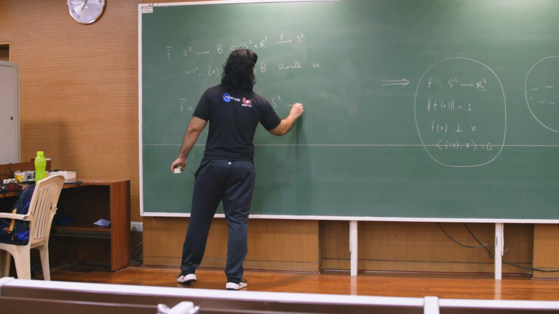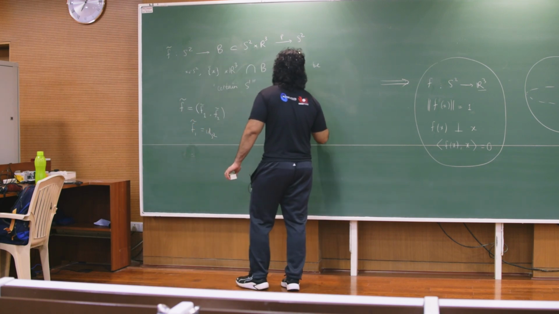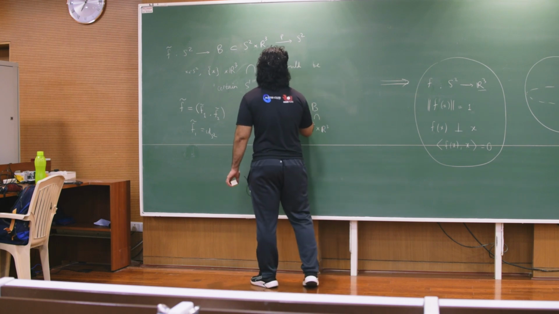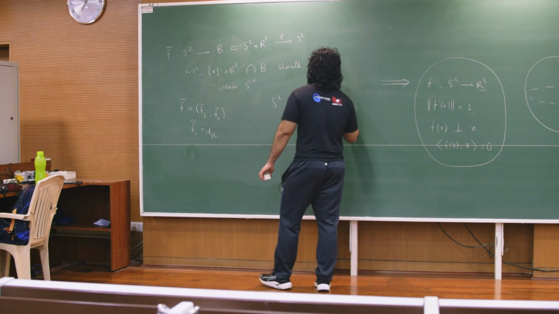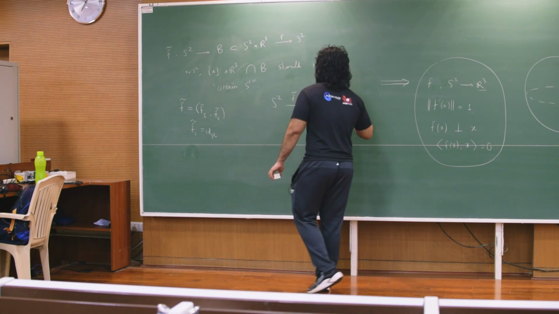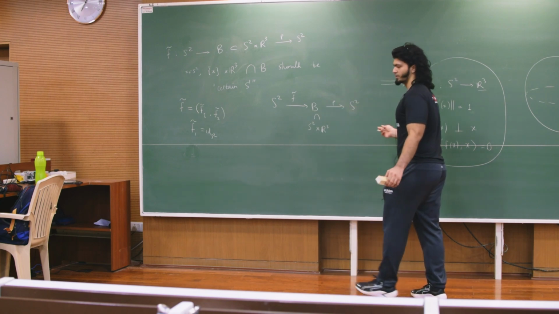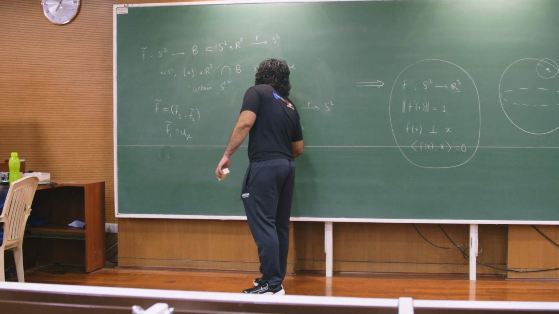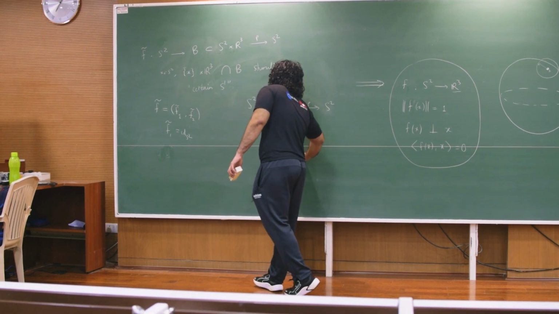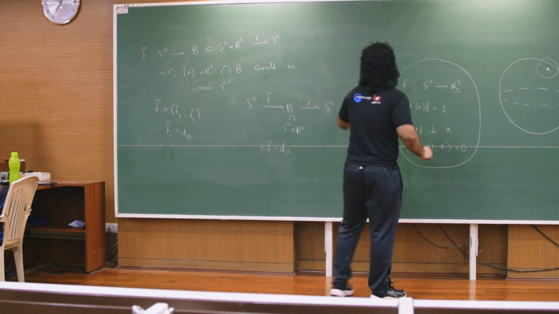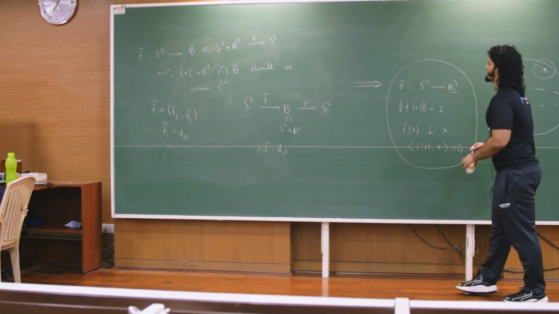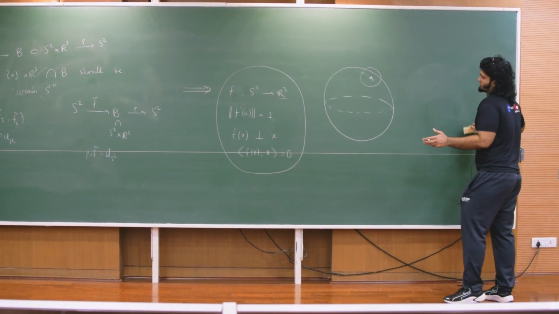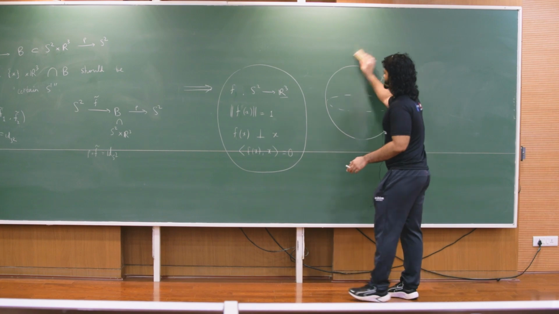You have S2 going to B, this is f tilde. I want this whole composition to be identity. This is what we want to probe, whether such a function can exist or not.